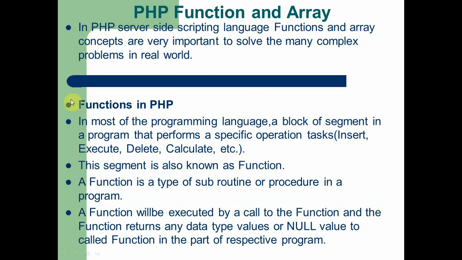Whenever the user calls any function that has inputs, the user should give inputs. If the function returns output, it will return the output to that particular point of the program. If a function is created in the program and the user doesn't call it at any point, then the function will not execute.